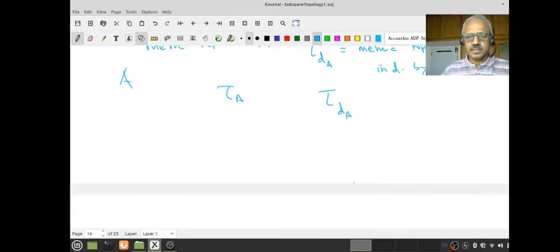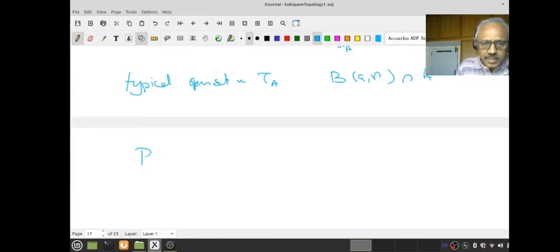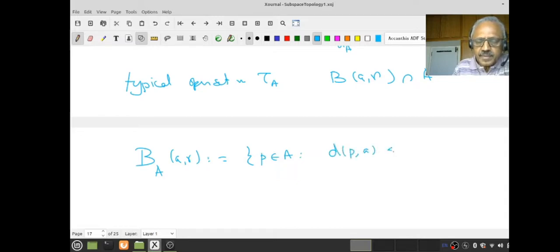Right? Now what we found out is a typical open set in tau A is of the form B_X(a, r) intersection with A. But now let's look at B_A(a, r). This is the set of all p in A so that the distance between p and a is less than r, right?